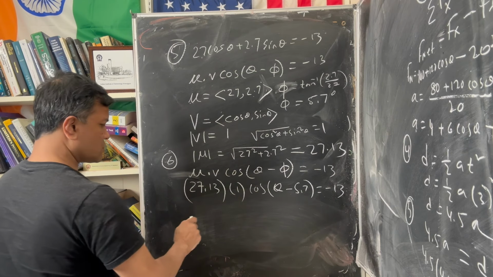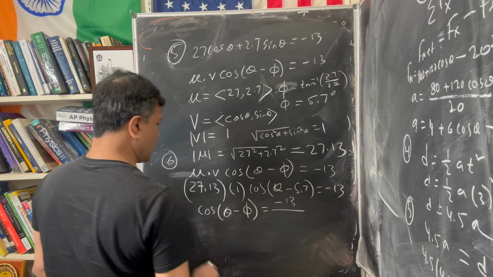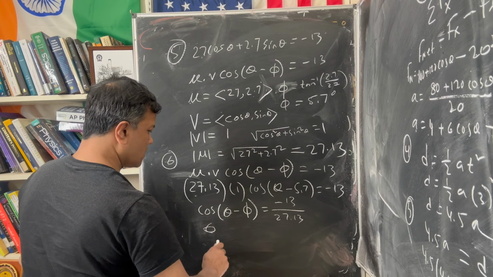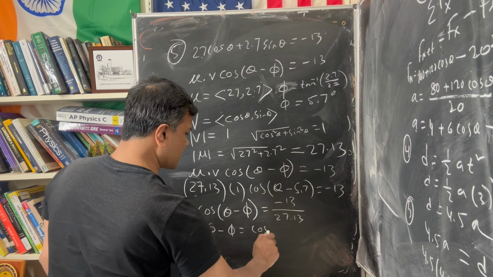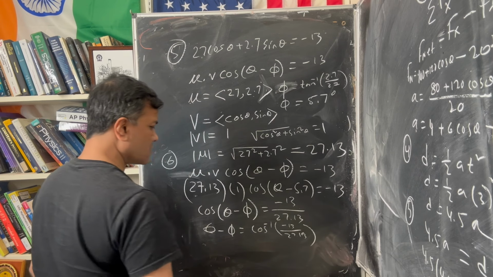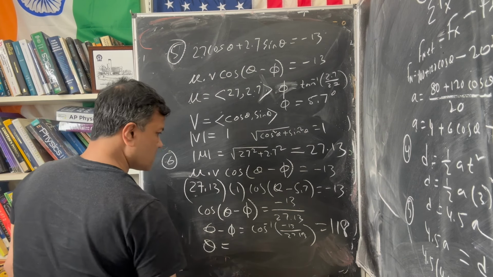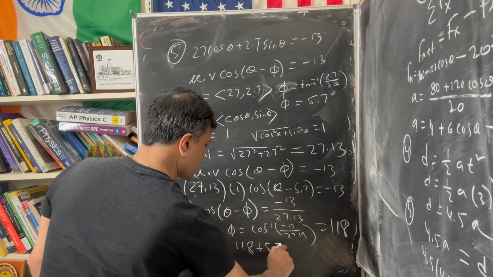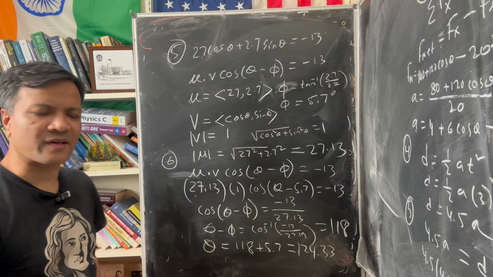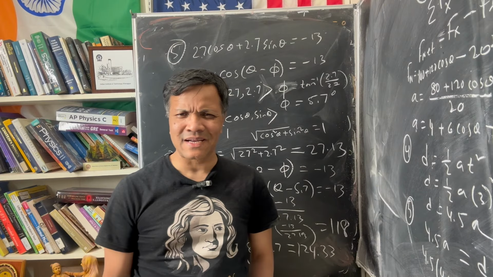So cosine of theta minus phi is equal to negative 13 divided by 27.13. So theta minus phi is equal to cosine inverse of negative 13 over 27.13, which is 118. So theta is then 118 plus 5.7, which is 124.33. I asked for 3 sig fig, so theta is 124. What does that even mean?